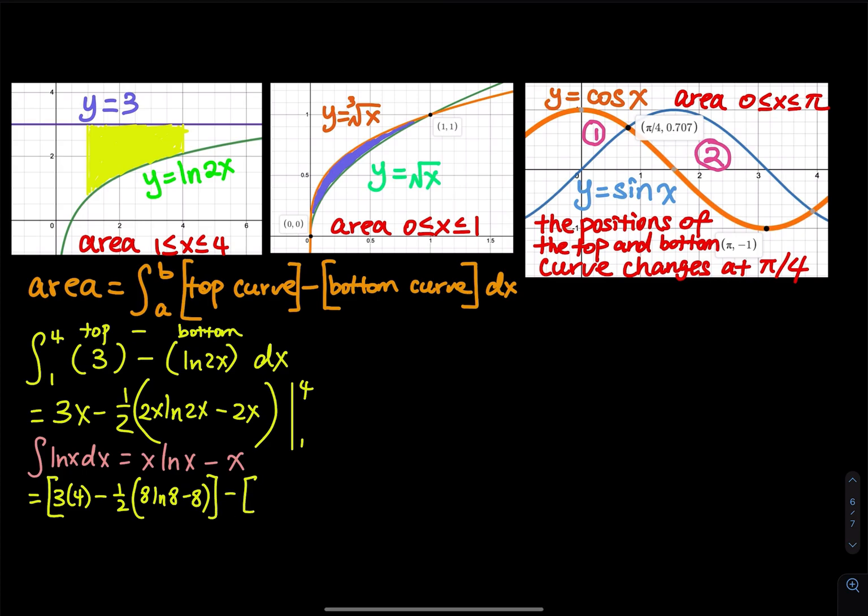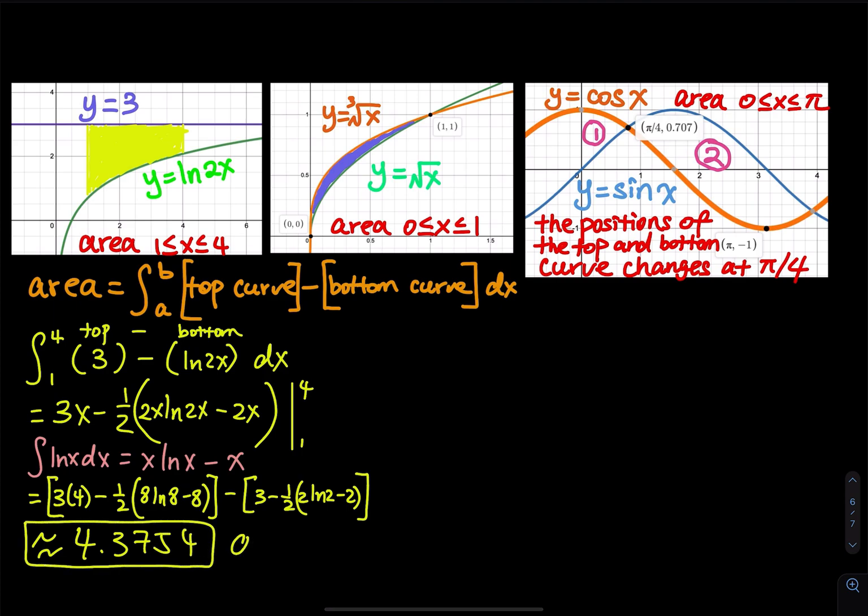Minus, you have 3 minus 1/2 times 2 ln 2 minus 2. And then you can use a calculator, that is approximately 4.3754, and this is the area between the straight line and ln of 2x.